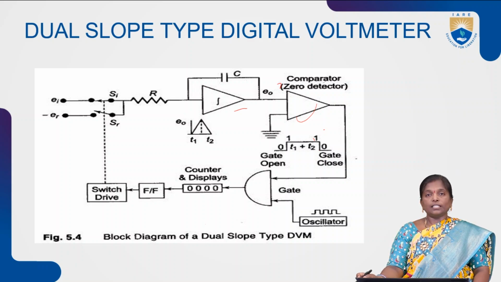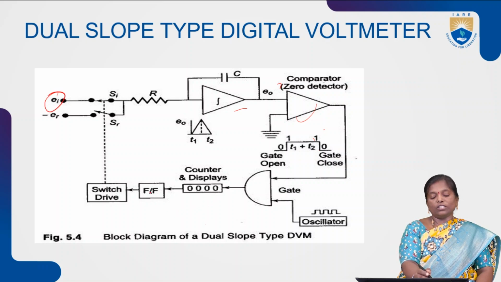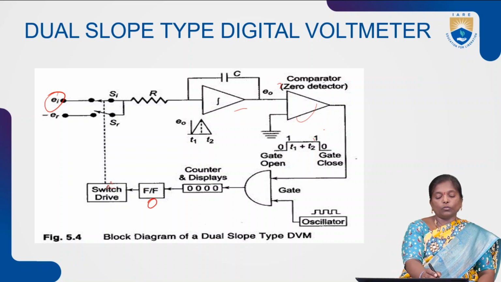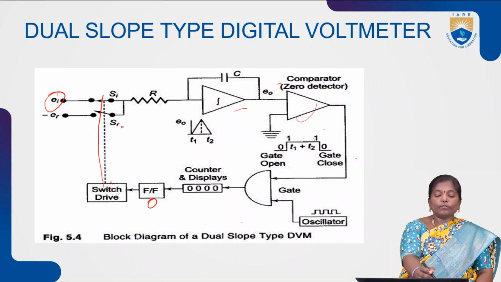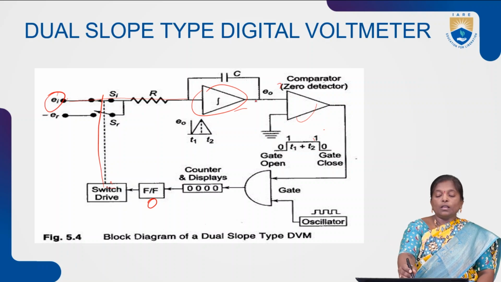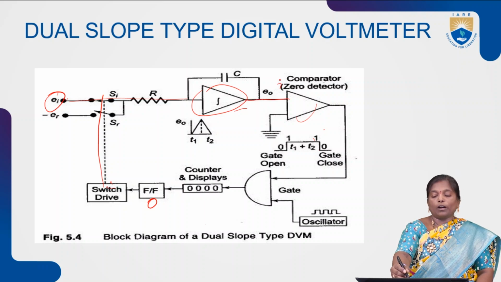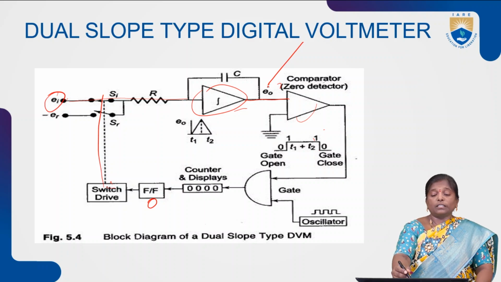Now the count is 0. Then apply the input voltage with the help of EI. Because whenever the count is 0, the flip-flop has the value 0, which is given through the switch drive. So initially, the positive input voltage is applied to an integrator, and the integrator produces an output where a positive going slope or positive going ramp signal is obtained.